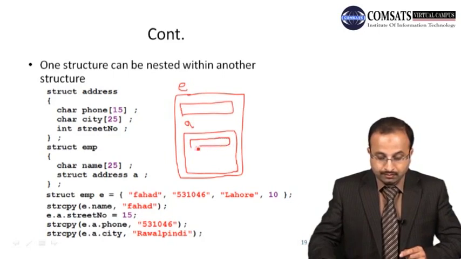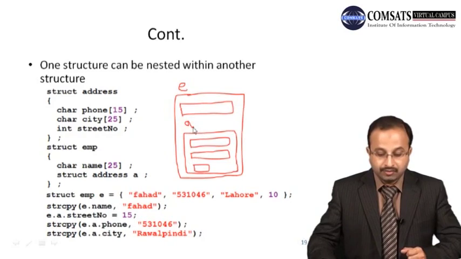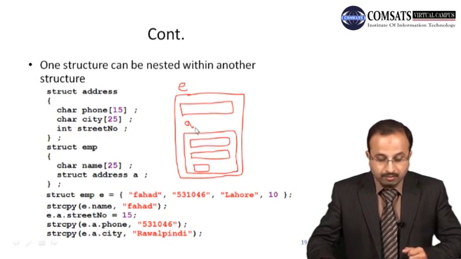Phone number, city and street number. Now the E structure has two elements: name, and another structure A that represents the address. And in A, the first thing you have is phone number, then city and then street number.